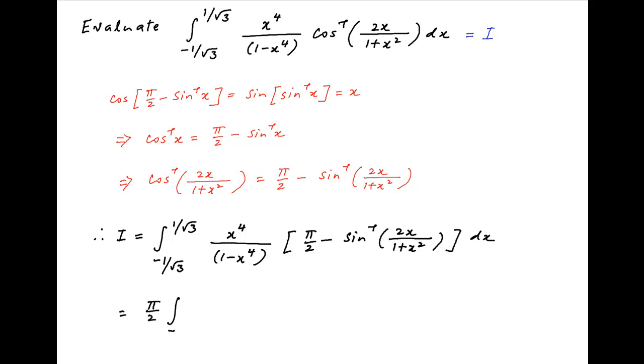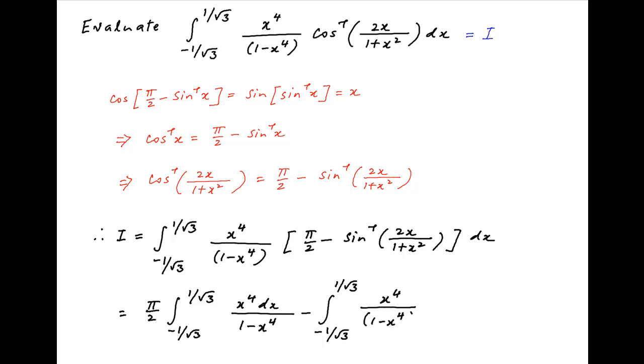The first component is equal to pi upon 2 times integral of x raised to the power 4 dx upon 1 minus x raised to the power 4 between the limits minus 1 upon root 3 to plus 1 upon root 3. And the second component is minus integral from minus 1 upon root 3 to 1 upon root 3 x raised to the power 4 upon 1 minus x raised to the power 4 times sine inverse of 2x upon 1 plus x square dx.